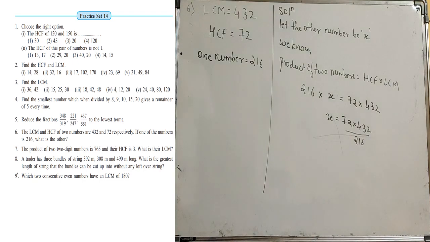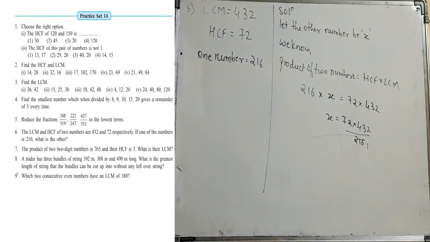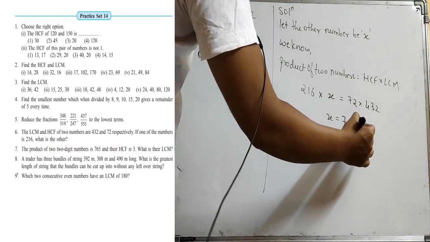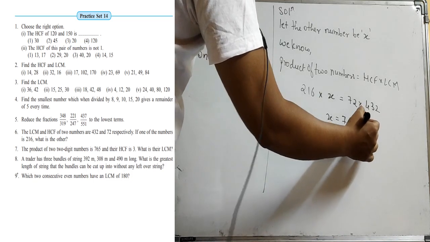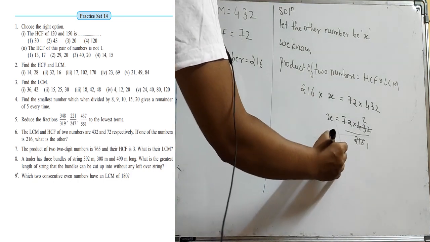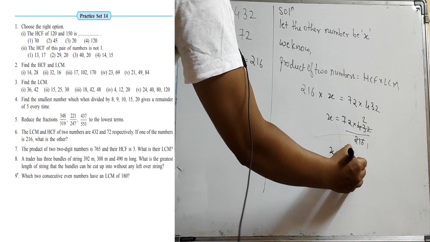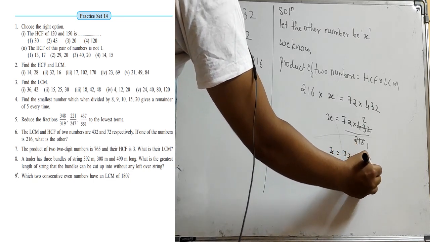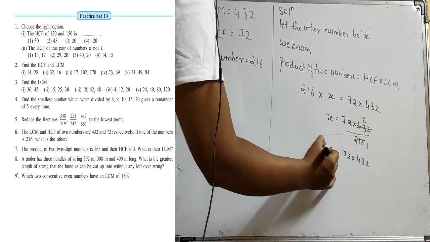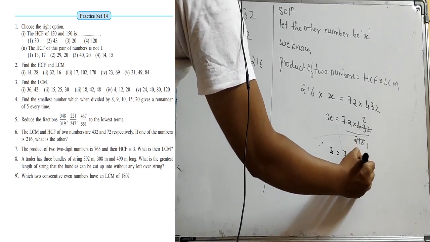So we can directly cancel it. 216 ones are 216, and this goes to 0. Then x is equal to 72 multiplied by 2.